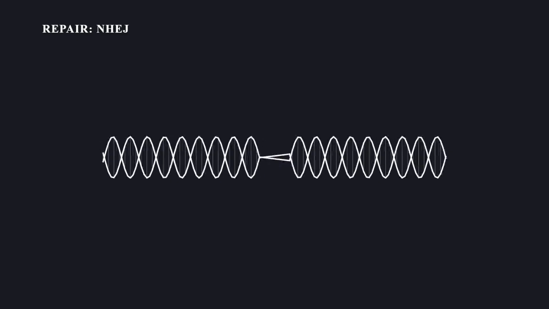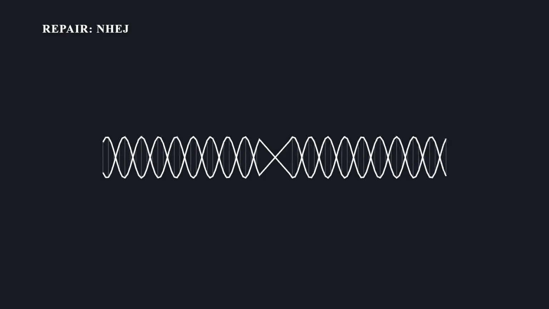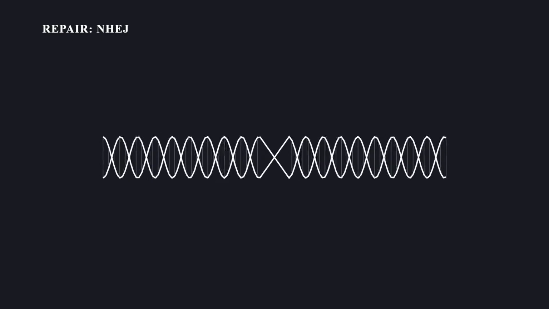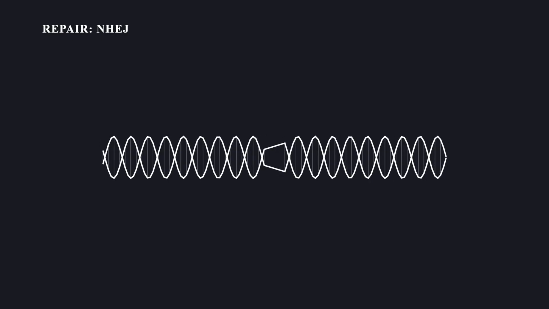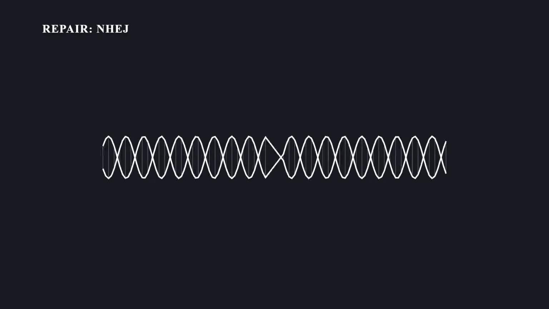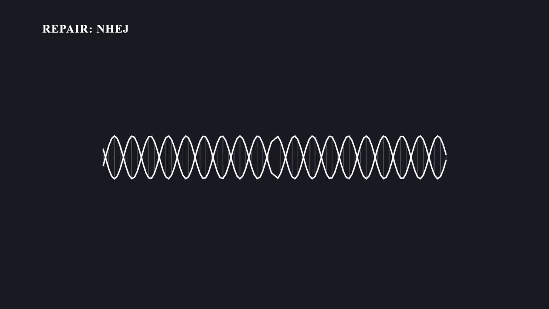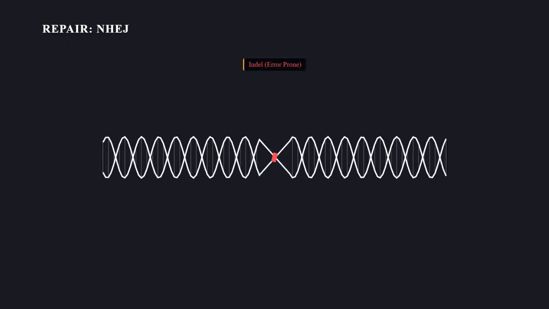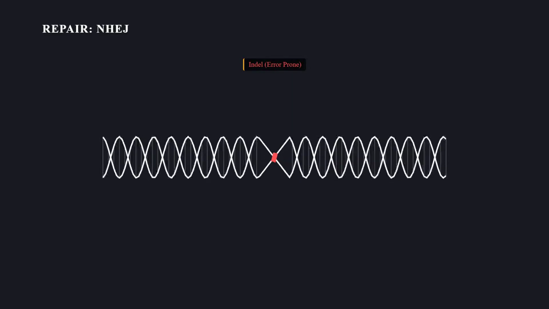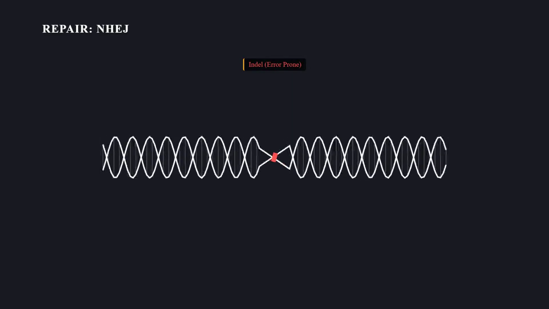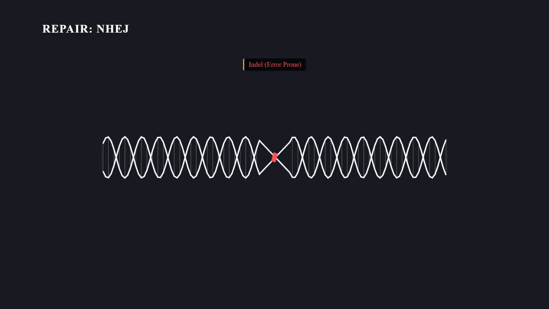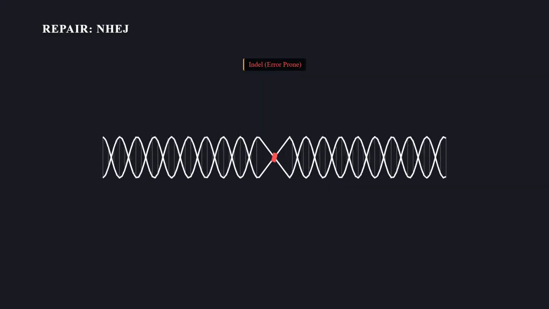The primary cellular response to a double-strand break is the non-homologous end joining pathway, or NHEJ. Non-homologous end joining is an error-prone repair mechanism that rapidly ligates the broken DNA ends without requiring a homologous template. This process frequently introduces small insertions or deletions known as indels directly at the cleavage site.